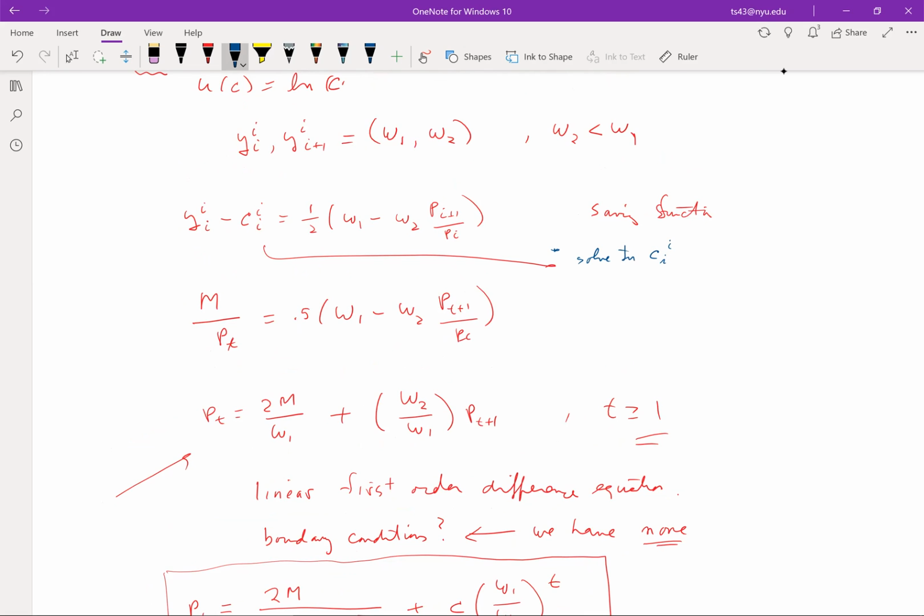I'm just going to use the budget constraint: c_{t+1}^t was equal to my endowment, which, second period endowment, is W2, and then I have M over P_{t+1}. That's my second period. Yeah, that'll work. So that's how I solve for the consumption allocation.